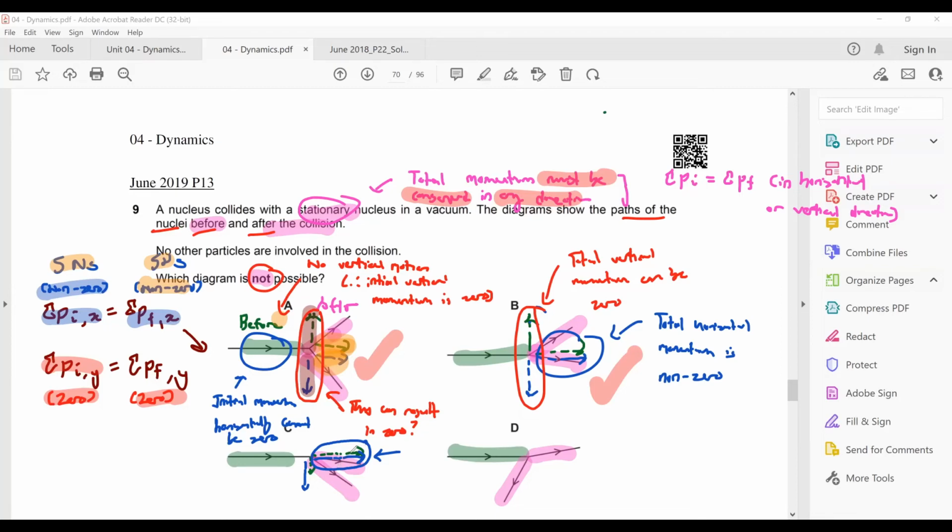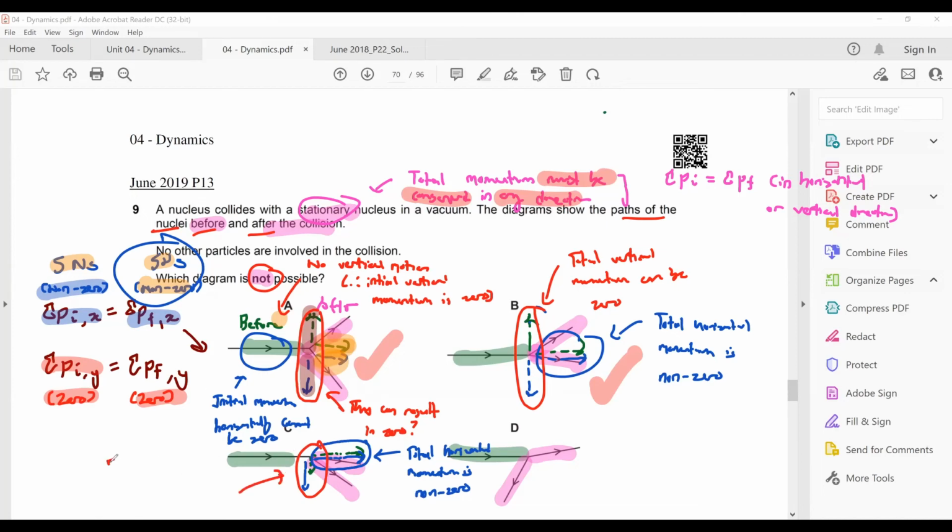If you just look at the horizontal momentum here, the same thing you can see here that the total horizontal momentum is non-zero. So again, you could have this case. All right. But when you look at the vertical momentum, you notice that in this case, both of the momentums are in the same direction.